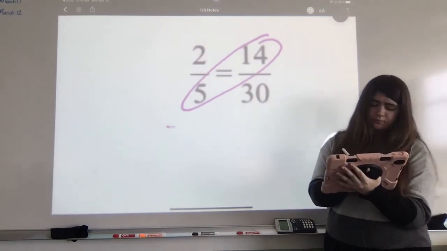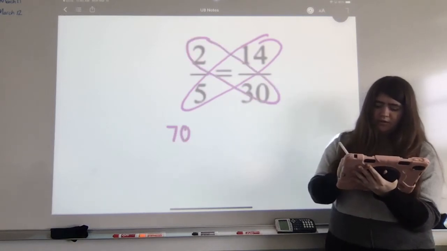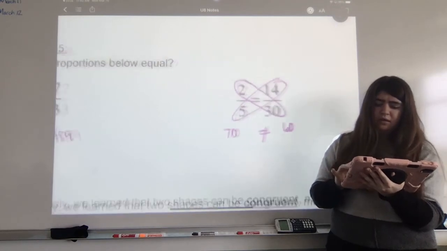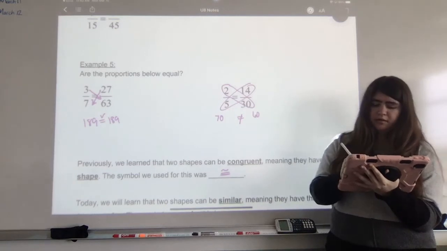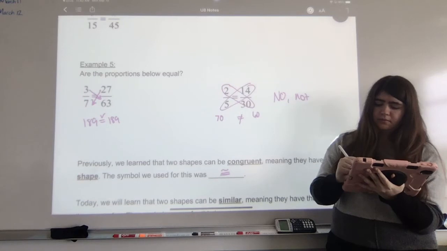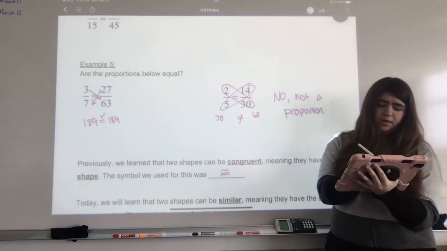And then I have 2 times 30, which is equal to 60. 70 is not equal to 60, so this is not a proportion. So this is no, not a proportion, because they are not equivalent. And this one is yes, and it is a proportion.